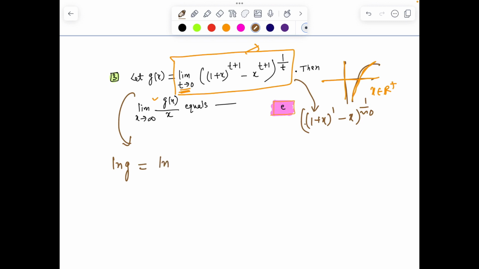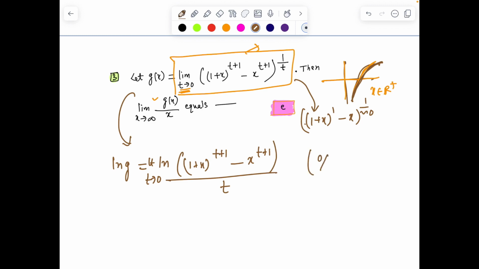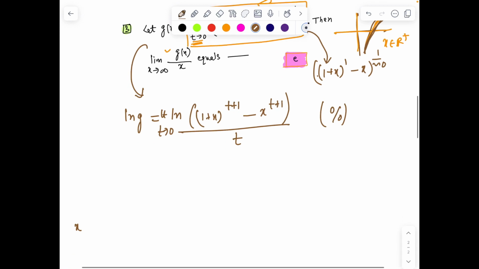ln g is limit t tends to 0, and since log is continuous, what we can do is put the limit inside. That is because of continuity and we have to take it seriously. So we have ln of ((1 plus x) to the power t plus 1, minus x to the power t plus 1) over t. Now we can clearly see at t tends to 0, this is in 0 by 0 form. So hence I'm ready to use L'Hopital's rule.